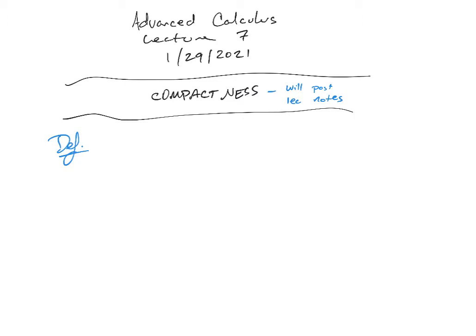Okay, and it's a little bit long-winded. In fact, we're going to do a couple definitions right here. So we start with a metric space and a set. First, we're going to define what an open cover of that set is. And again, that's something we haven't talked about yet.